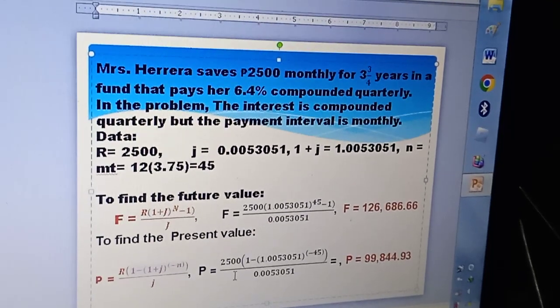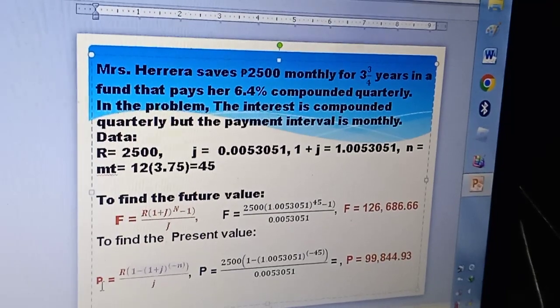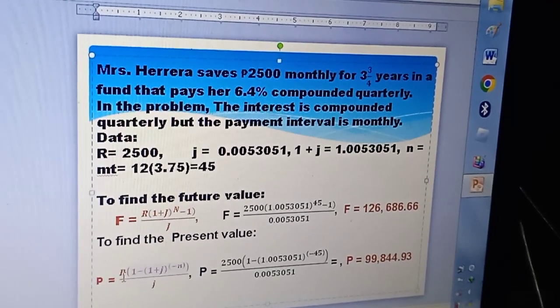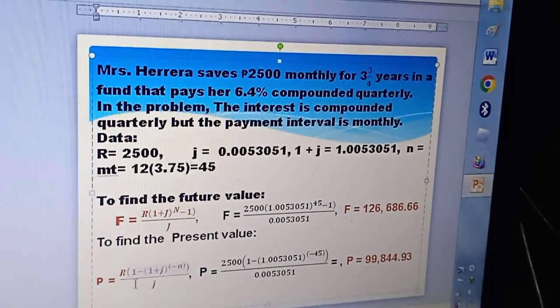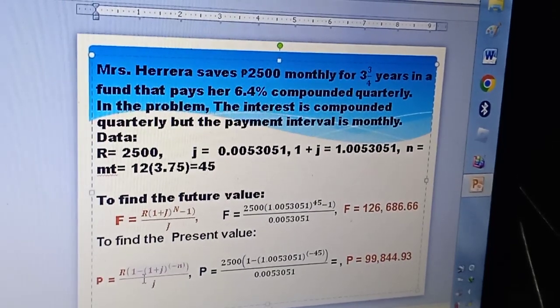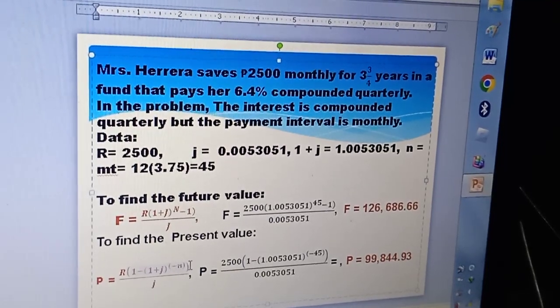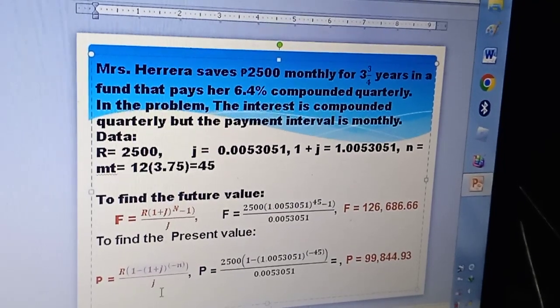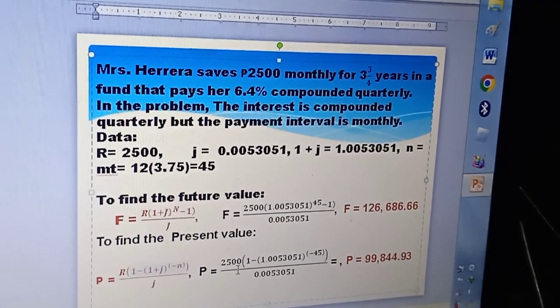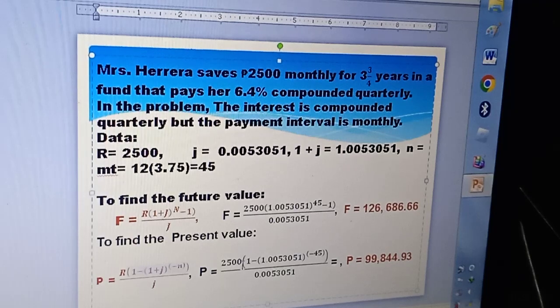So that is the formula. The formula for the present value is equal to R times the quantity of 1 minus the quantity of 1 plus j raised to negative n, close parenthesis, over j.